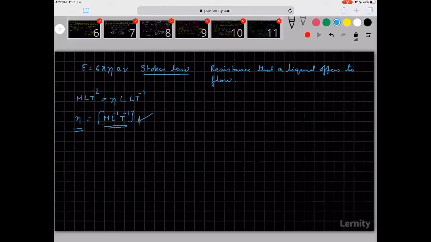Okay, so this is what we need to understand. Different physical quantities will have different dimensions. So we need to understand these dimensions.